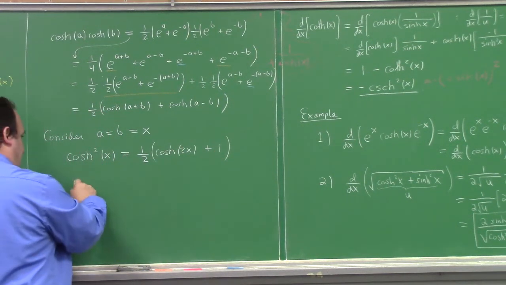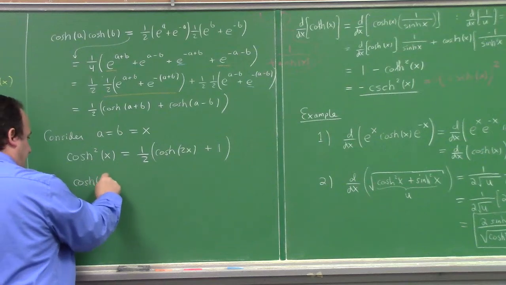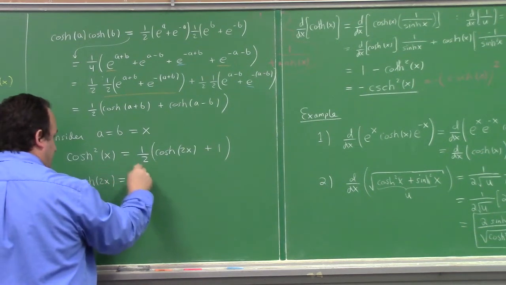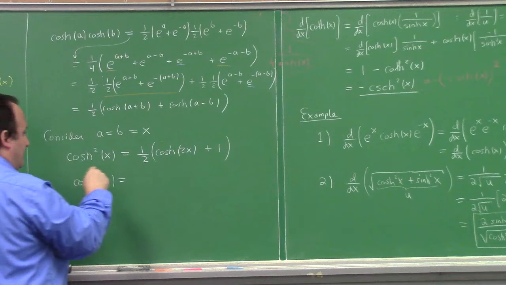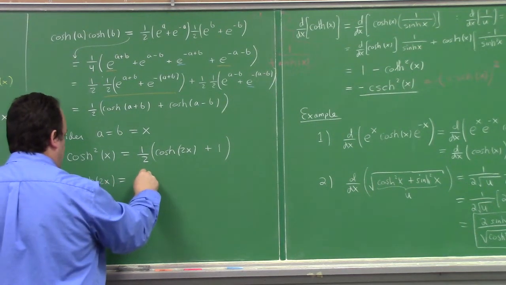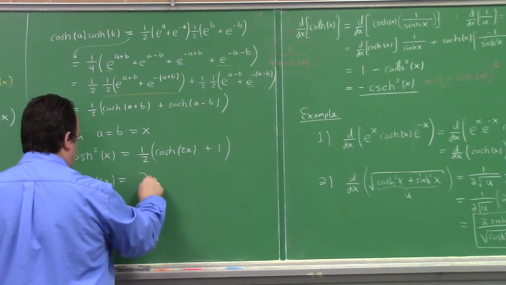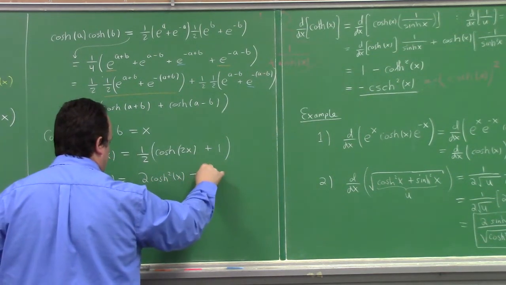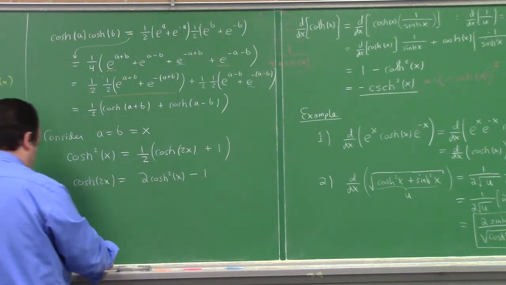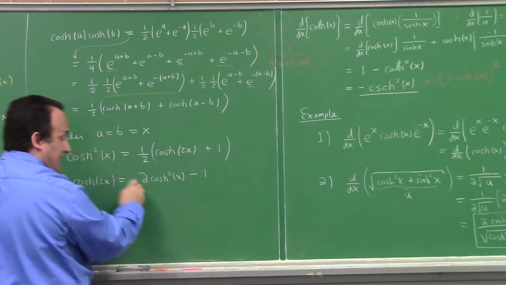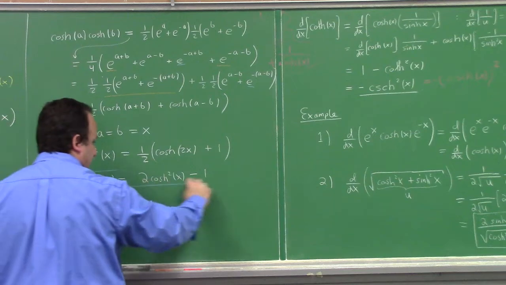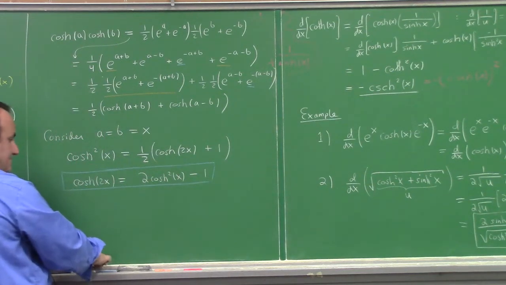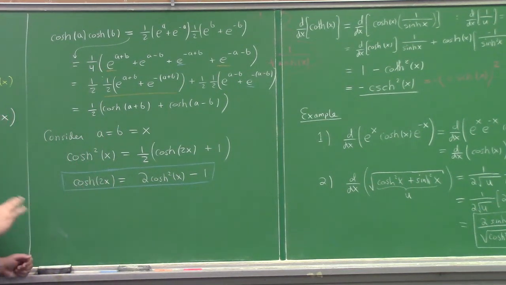So we get the identity that hyperbolic cosine of 2x is in fact equal to 2 hyperbolic cosine squared of x minus 1. Now, at the moment, I haven't done any calculus, right? That's just straight algebra. But what's cool is if you know one identity and you know calculus, you can find more.